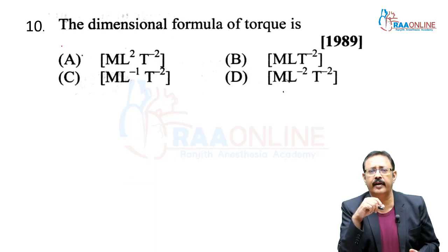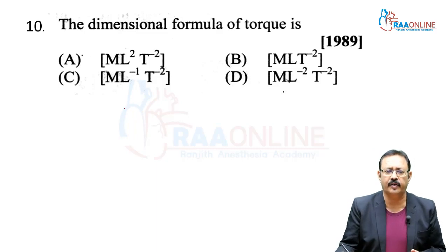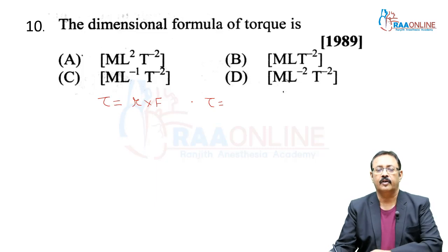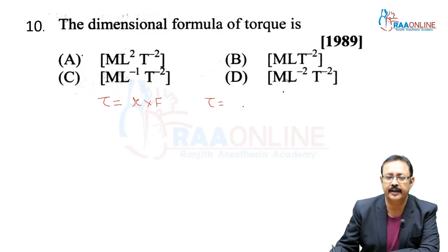Next, again a very simple problem, torque. You know what is torque? R cross F. One is this. Or you can say torque is the analog of force. Force is mass into acceleration; here it is angular acceleration.